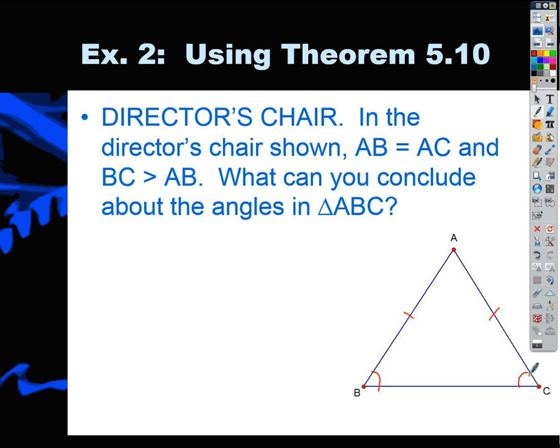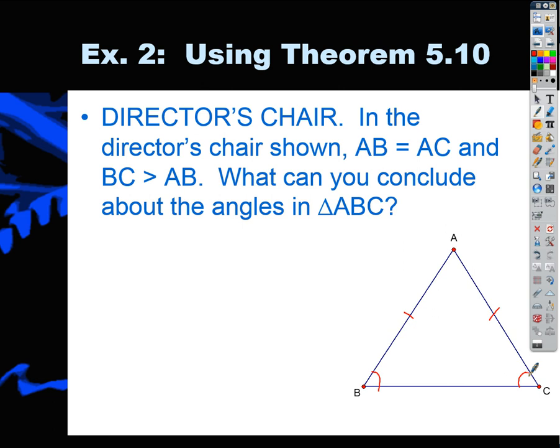Can you maybe put some angle measures on this? Could you tell me an inequality that would define all the possible values for angle A? 2B. 180 minus 2B equals A. True, okay.